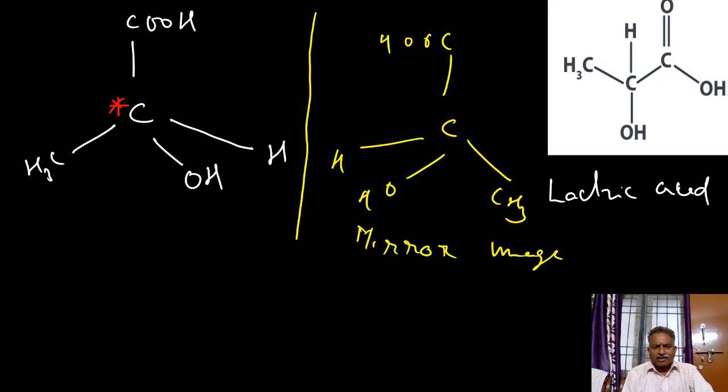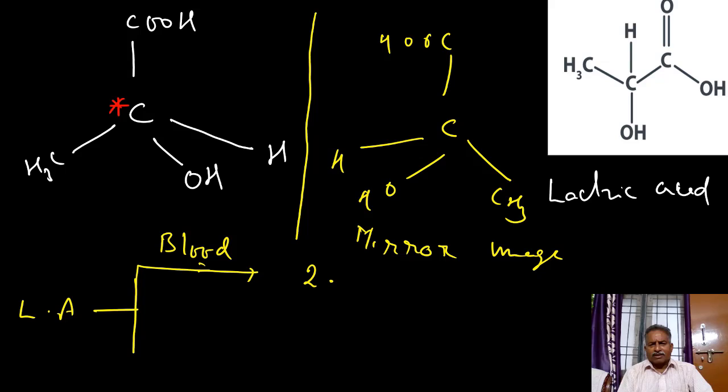Now this lactic acid is available from two sources. The one found in blood has a rotation of plus 2.6.